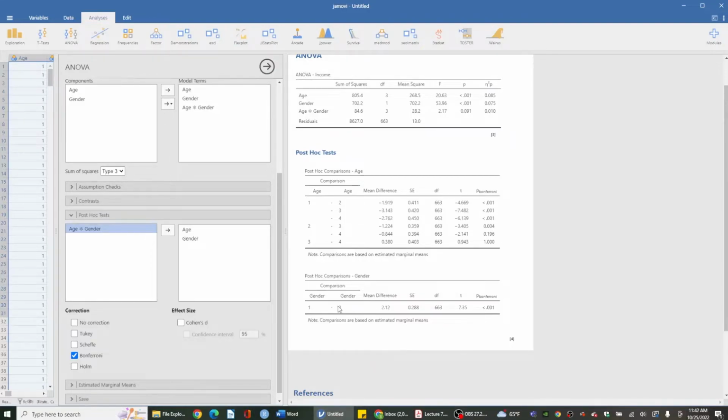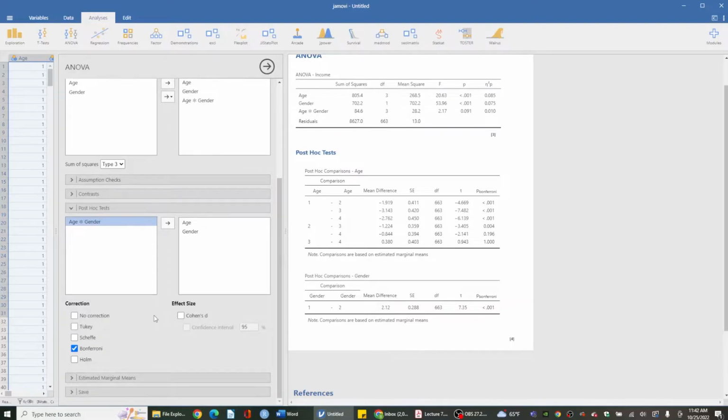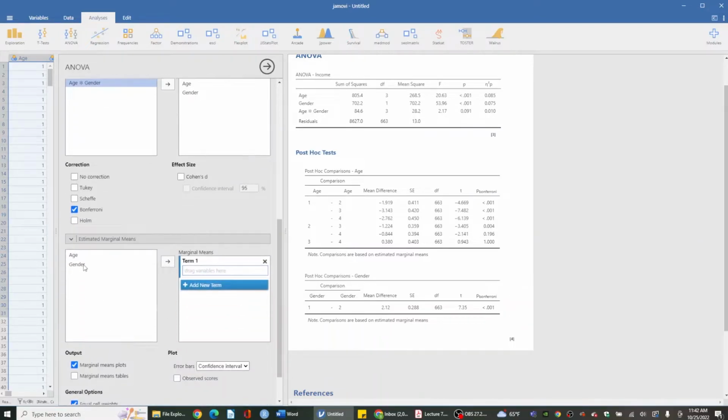And then gender was also significant. There was a significant difference between males and females. But there's a better way to visualize these differences aside from looking at numbers. It's a bit abstract here to interpret. So let's plot these terms based on the marginal means that we see.